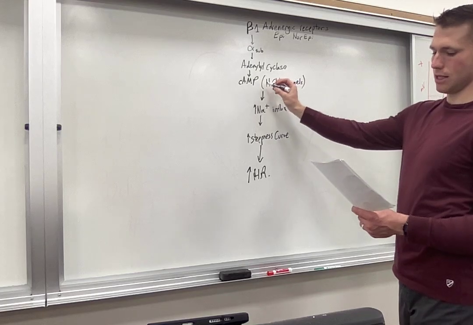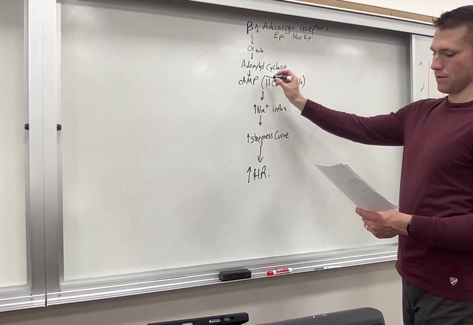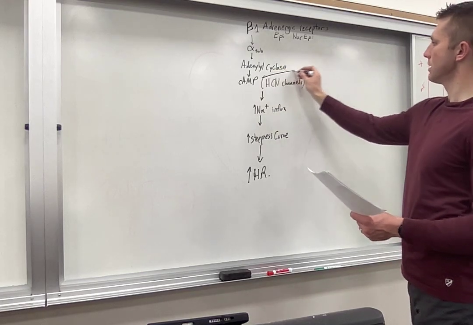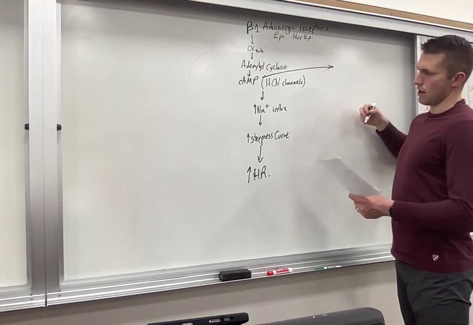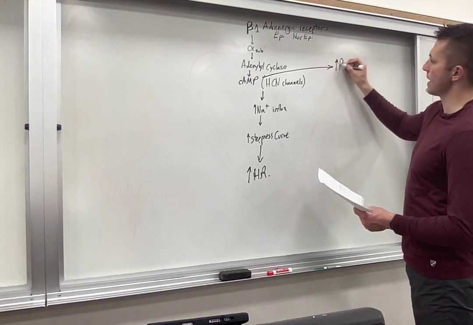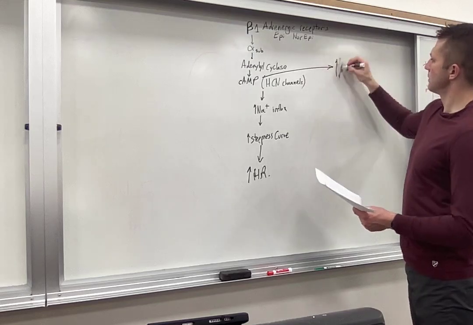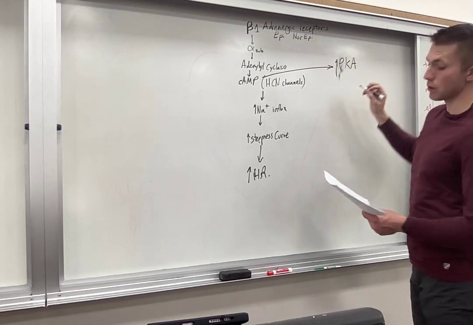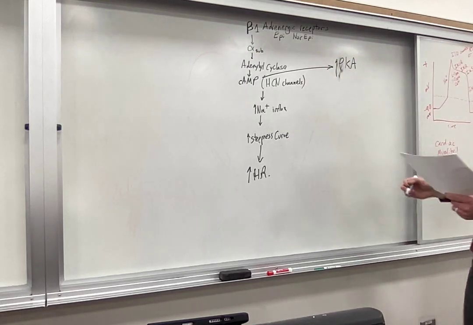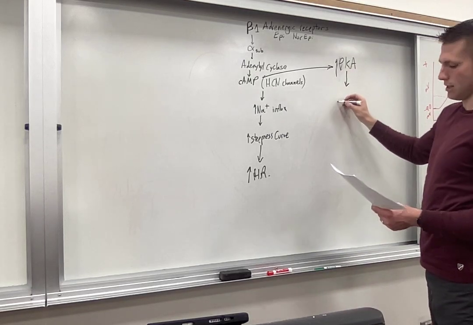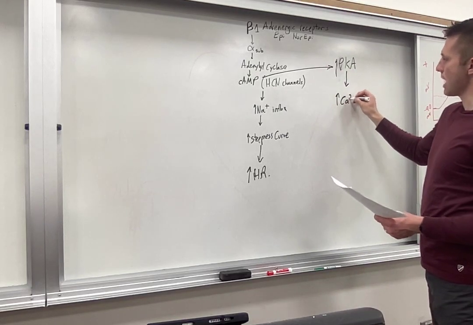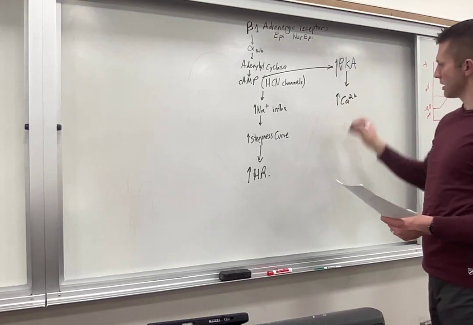Let's continue with this idea. Cyclic AMP causes more PKA, protein kinase A. And in short, we can say that PKA causes more calcium influx.